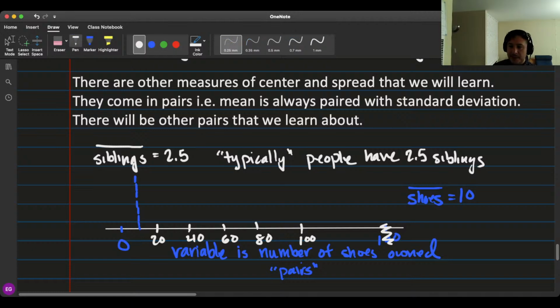So let's say a lot of people own between 0 and 20 shoes. Now, having 20 pairs of shoes isn't crazy. I always do a poll when I teach this class. Can everyone just put how many pairs of shoes you think you own in the chat? The most I've ever seen was 80.